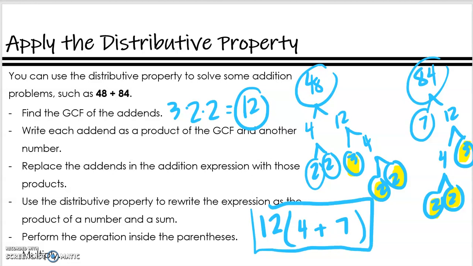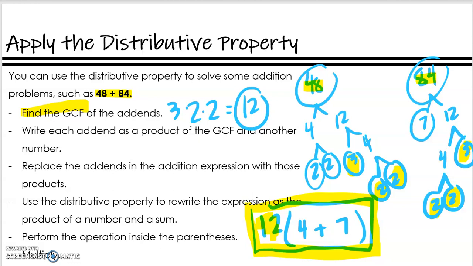I can add 4 and 7, which is 11, and multiply that by 12, and that may be a quicker way that you can do in your brain rather than adding 48 and 84. That may not make any sense to you because you're used to doing problems like this. You're not used to doing this, but you may have to represent a problem with distributive property. Just remember, find the GCF, pull that out, and you leave the factors inside that you multiply to get 48 and 84.